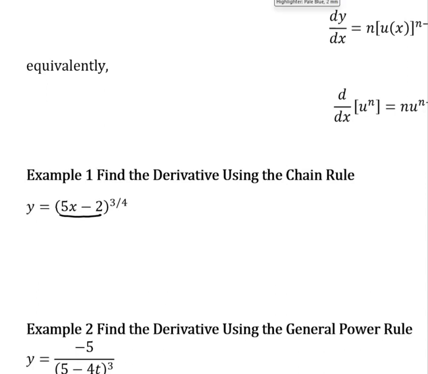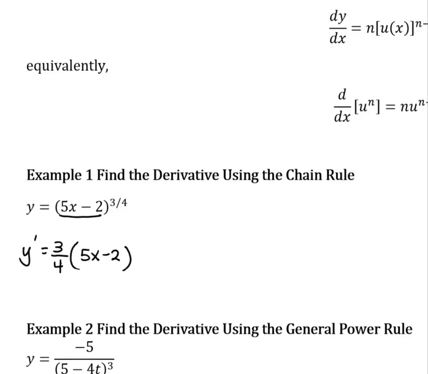So how do we take the derivative of this? The chain rule tells us to start by taking the derivative of the larger function, the power function. So we're going to begin with the power rule and bring this exponent of 3/4 down in front of the 5x minus 2.